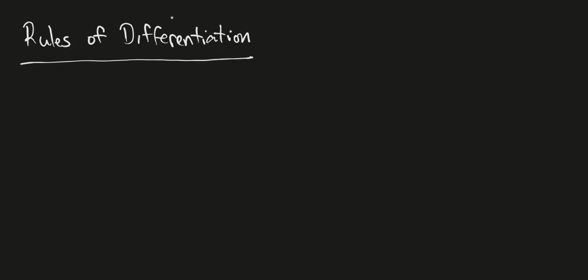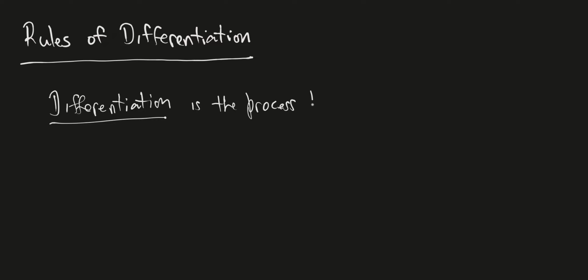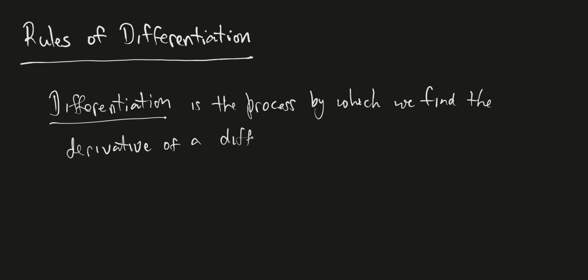So before we jump right into the first set of rules, we're going to say a little bit more about one of the words in this title, differentiation, right? This is the first time, pretty sure this is the first time I've used this word. So differentiation, right, is the process by which we find the derivative, right, of a differentiable function.